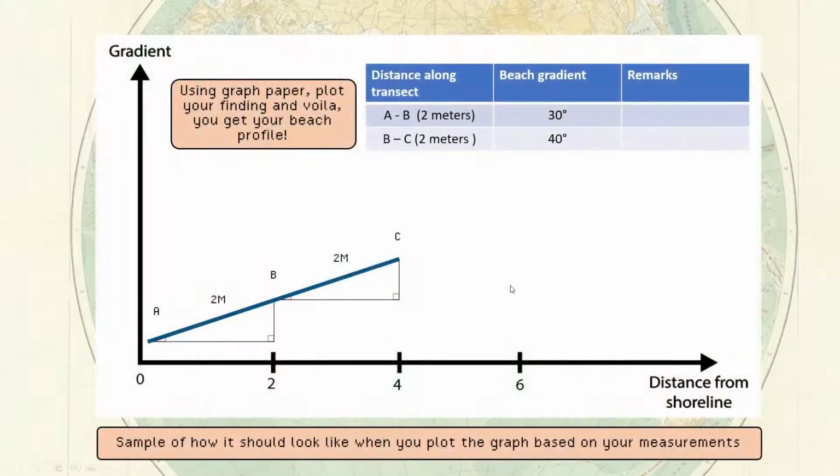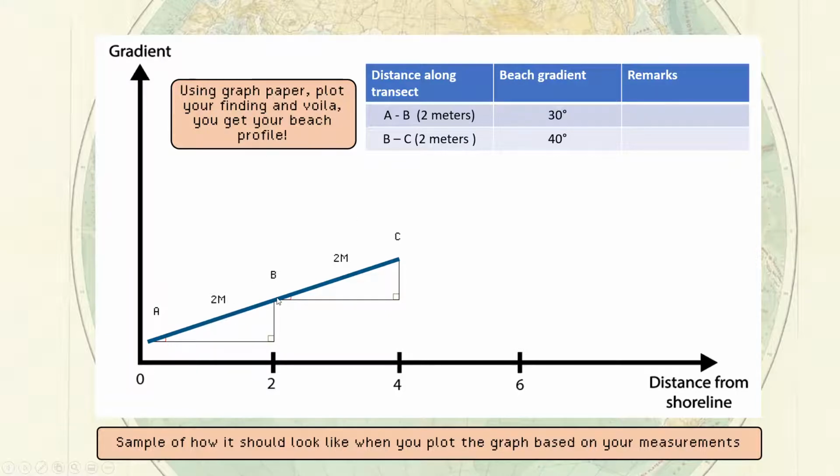Then after I have recorded all this down in my recording sheet, when I go back to school or when I am actually at the beach itself, I can use a graph paper and plot my findings. Okay, so you see from position A to position B, the beach gradient is 30 degrees.